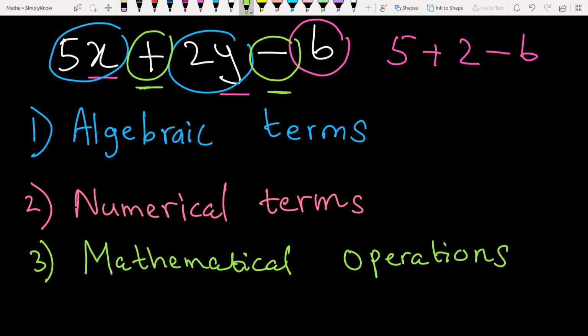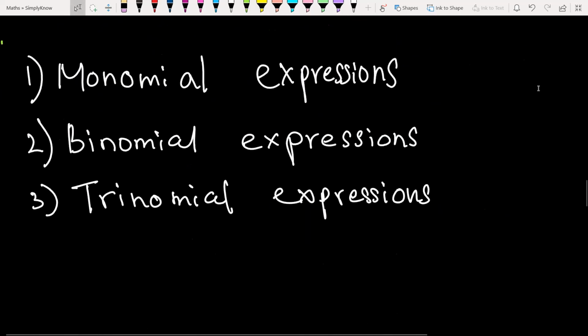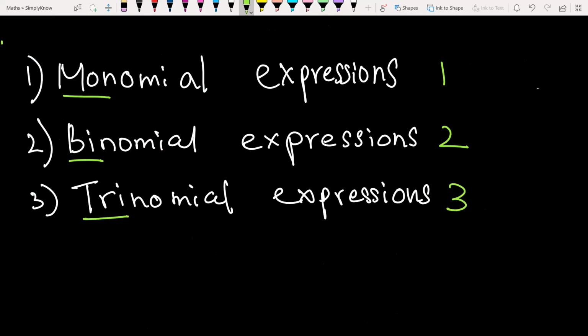Right, now I'm going to explain 3 different algebraic expressions. Monomial expressions, binomial expressions, and trinomial expressions. Mono means 1. Bi means it's 2. Tri means 3. What are these 1, 2, 3? These are number of terms in an algebraic expression.